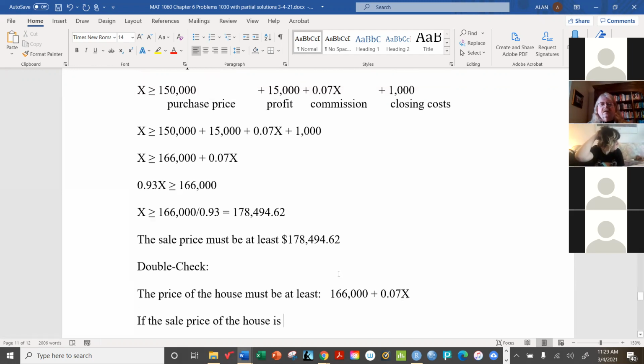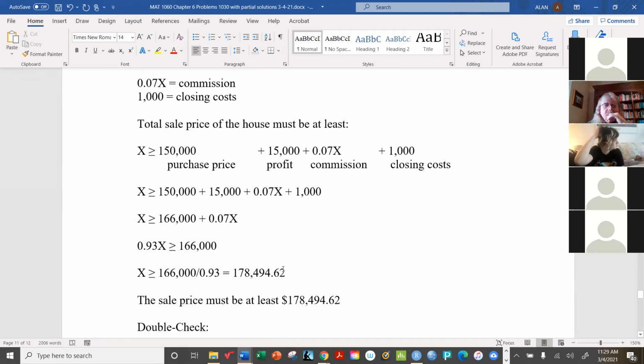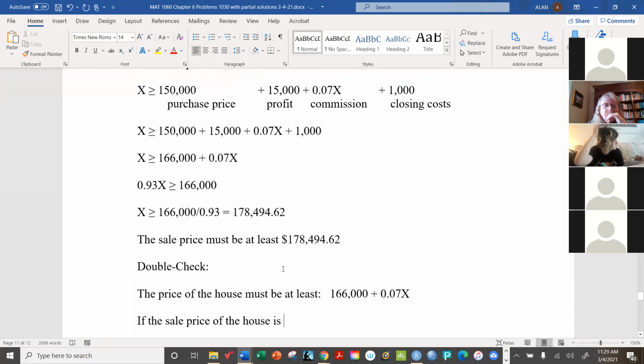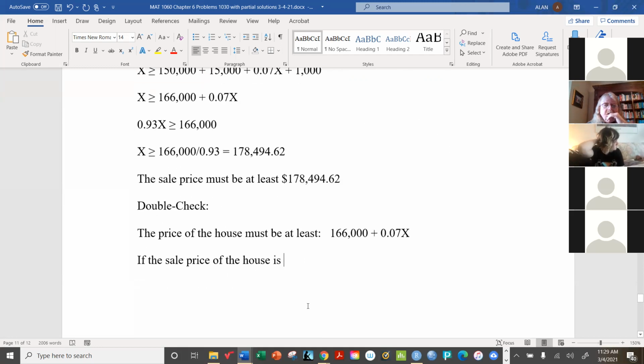No, that's not right. Yeah, actually, let's write it like this. It has to be at least this. That's a little cleaner. All right.